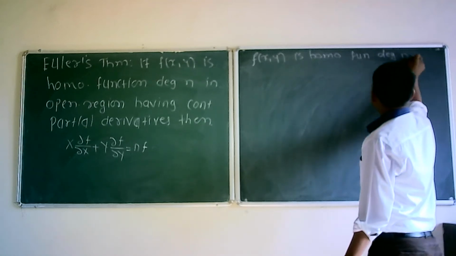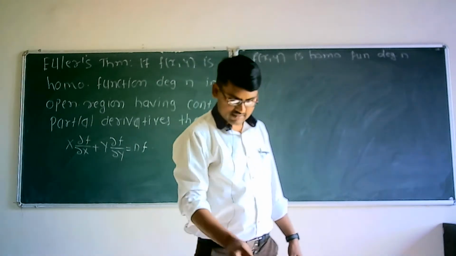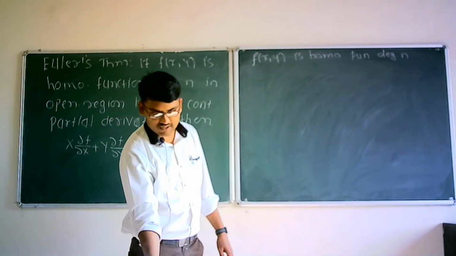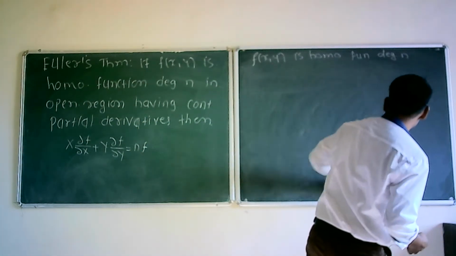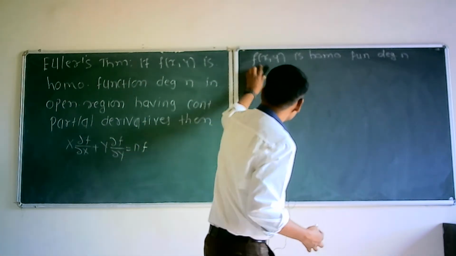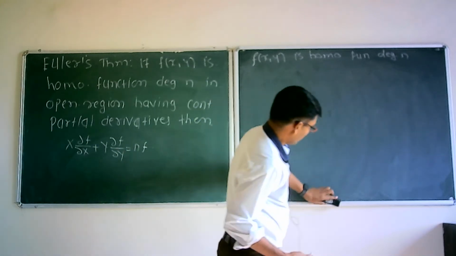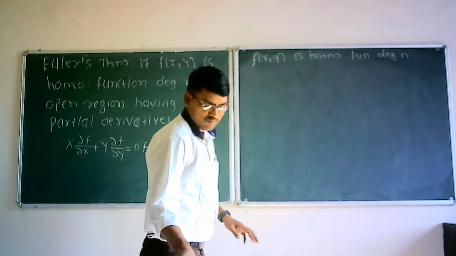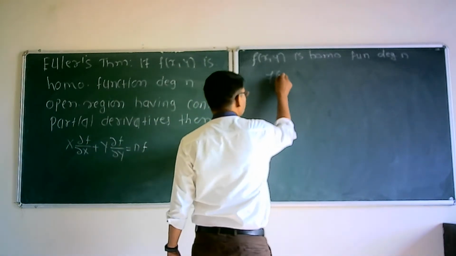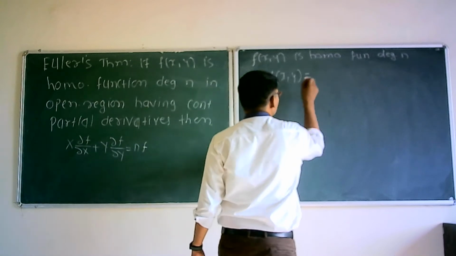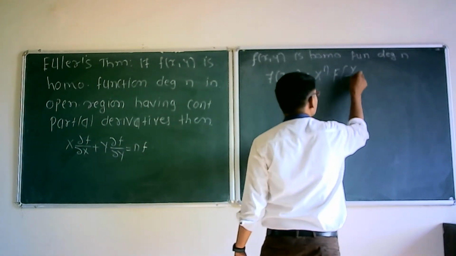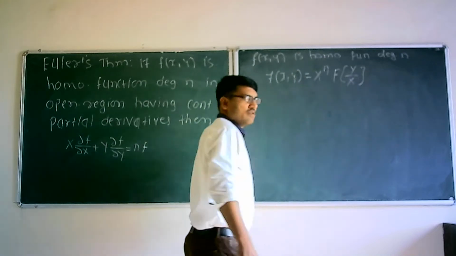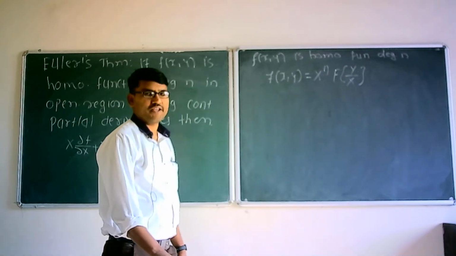From the example, I have explained how we can write a homogeneous function as f(x, y) equal to x raised to n f(y/x), since it is a homogeneous function of degree n.